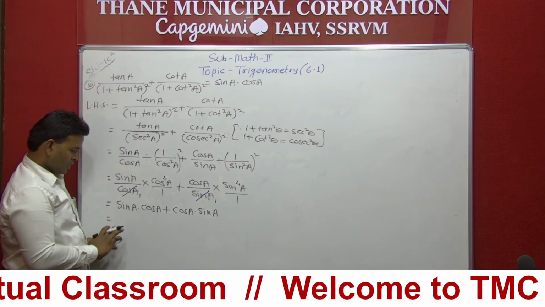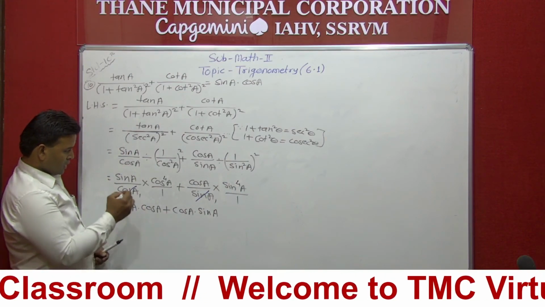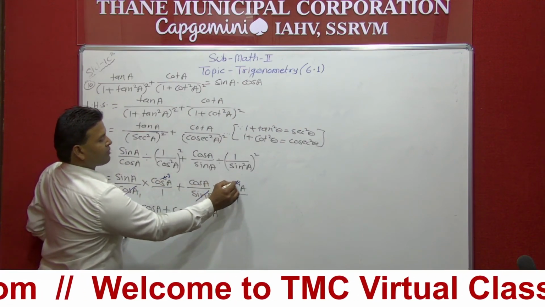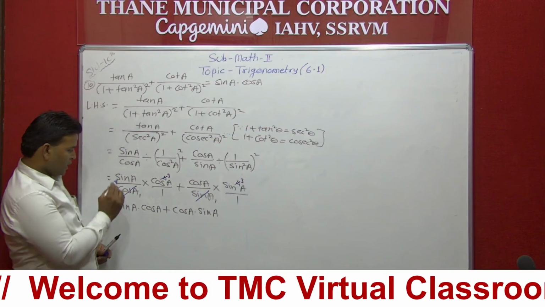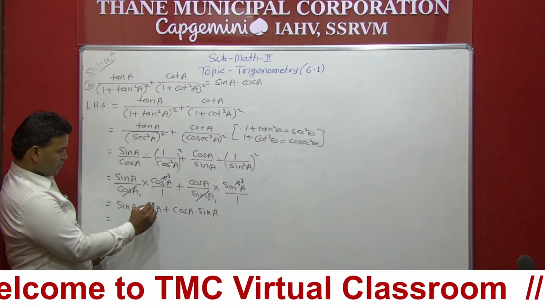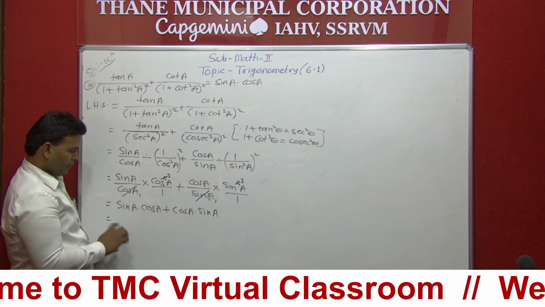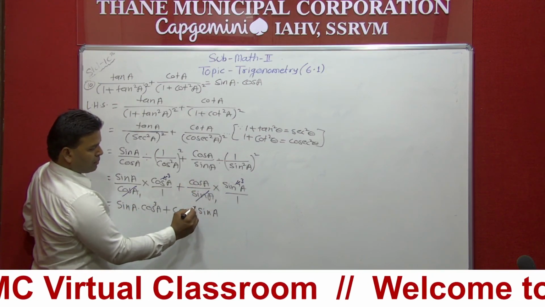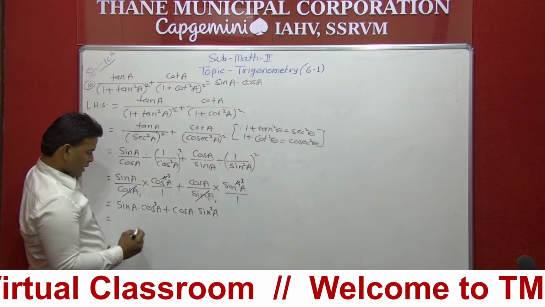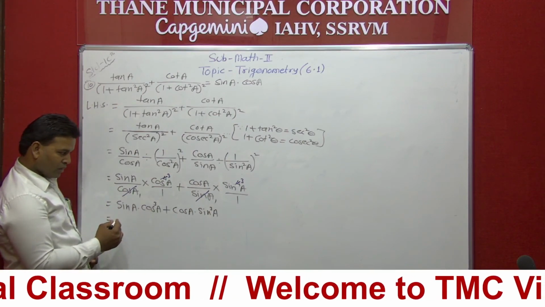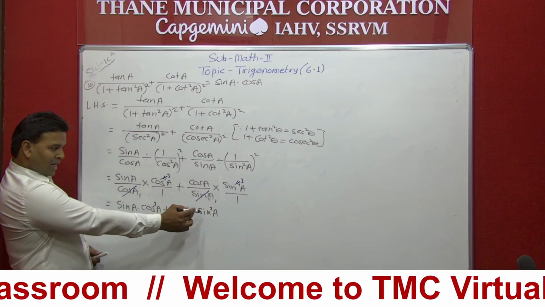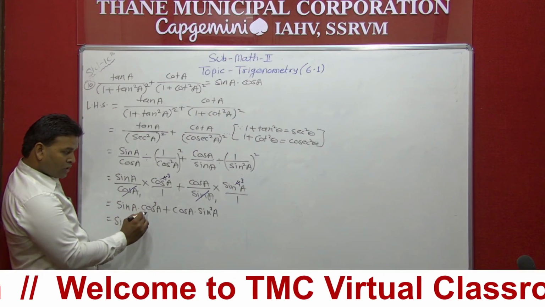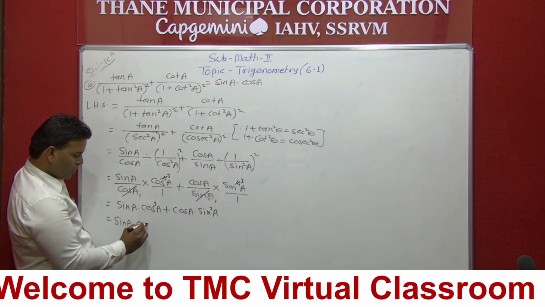So here, we will be left with 3 times, here also we will be left with 3 times. So this is power 3, this is power 3, and here also we have power 3. Now we will take common: one time sine, and one time cos, in the bracket.